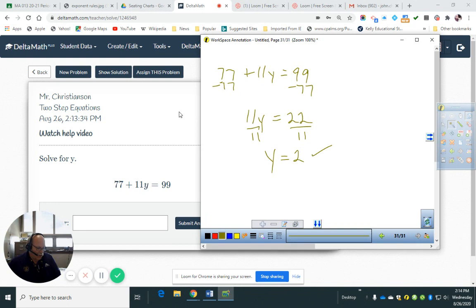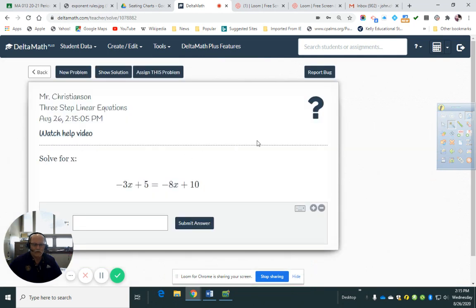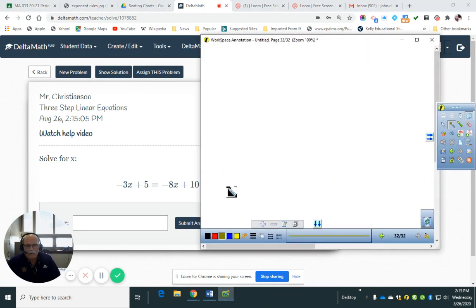Now let's take a look at one of the others here, and let me go back then. And so we're going to look at the three-step equations. Not much different from two-step equations, except there's more on one side than there was.